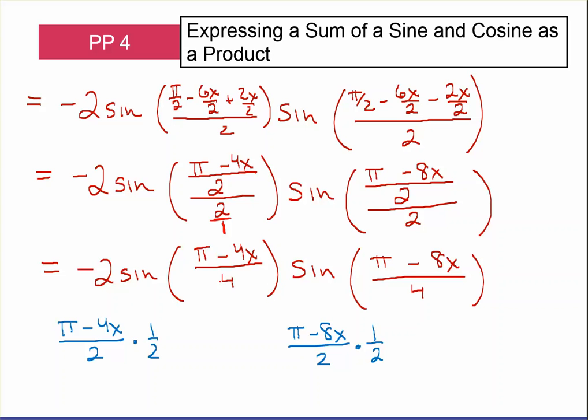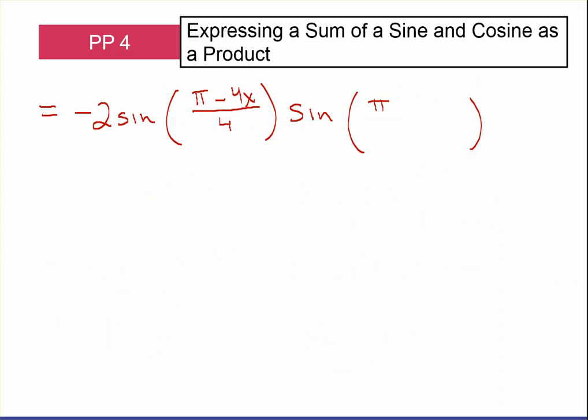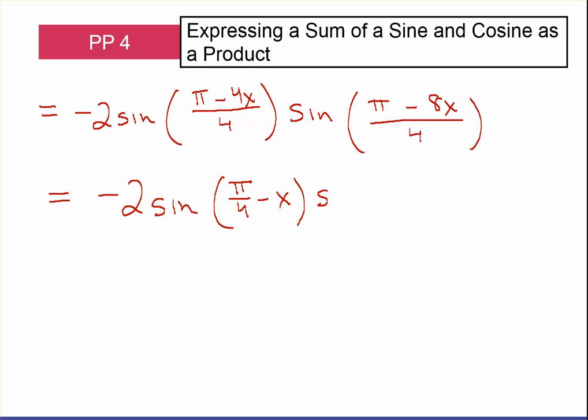We can simplify this 4 as we divide the pi by 4, and then divide the -4x by 4. So for the final answer, let me rewrite it because I'm running out of room again. This is what I had on the previous slide. So now I'm going to go -2 sine of pi divided by 4, and then 4x divided by 4, which just leaves us an x. Same thing here: pi divided by 4, and -8x divided by 4.